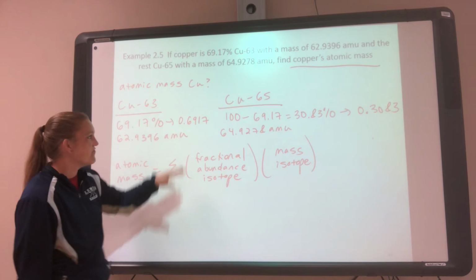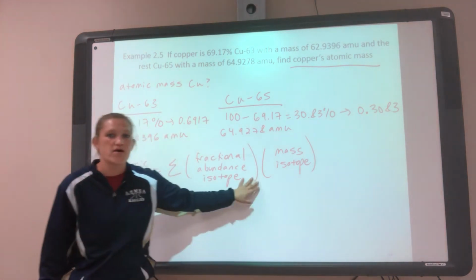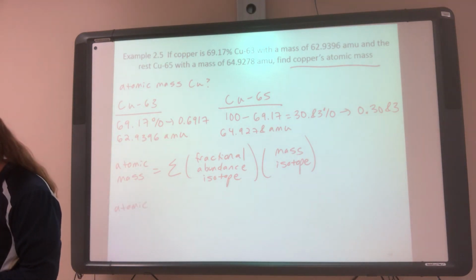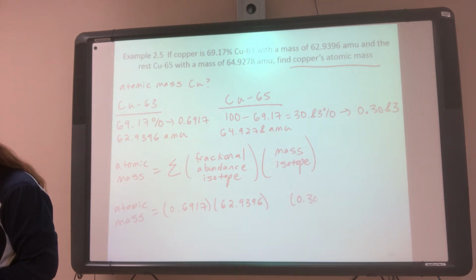So now I have the fractional abundances and the masses of both. So now I can fill it in. What this says is for the atomic mass, I take the fractional abundance of one and times it by his mass. Then I take the fractional abundance of the other one, times it by his mass.